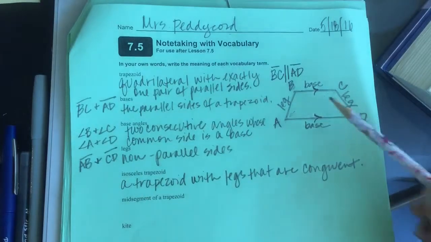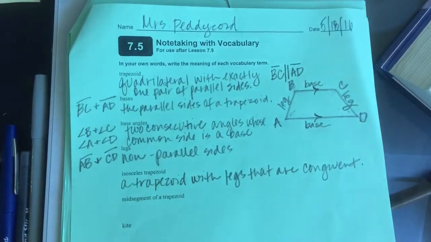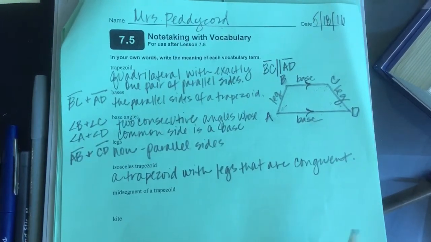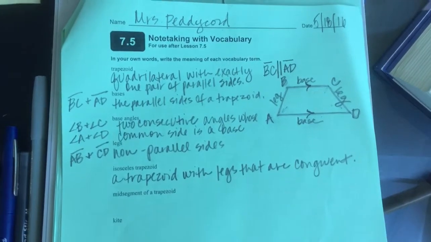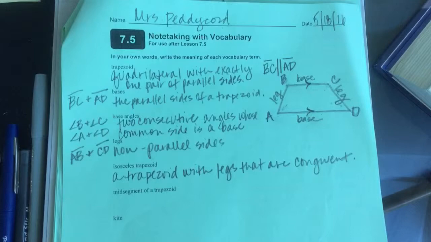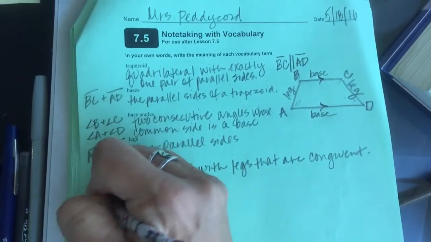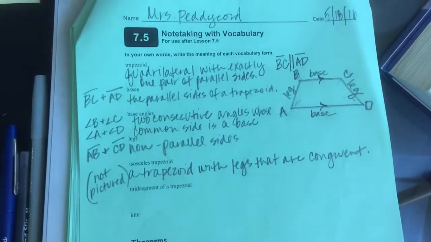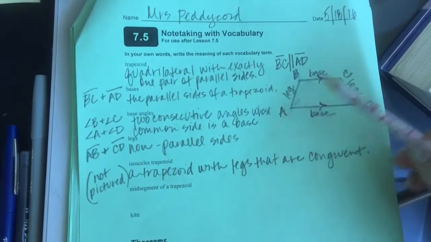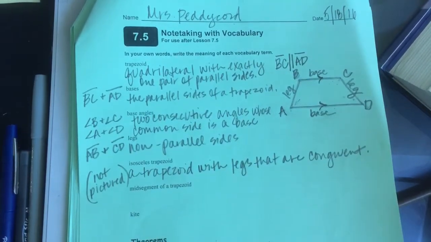And I asked you guys specifically to make A, B, and C, D not look the same. So we don't have a picture of an isosceles trapezoid yet, but we'll be talking about them as we look at some theorems. I'm going to put over here, not pictured yet. It's not in our picture because we wanted those to look like they weren't the same.